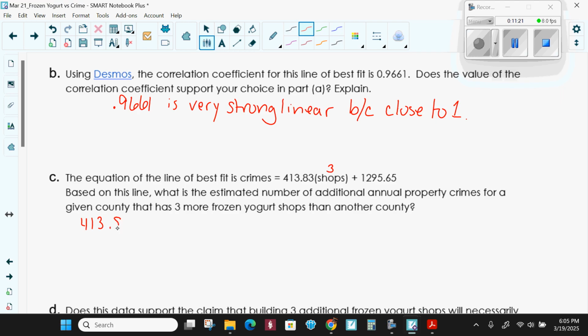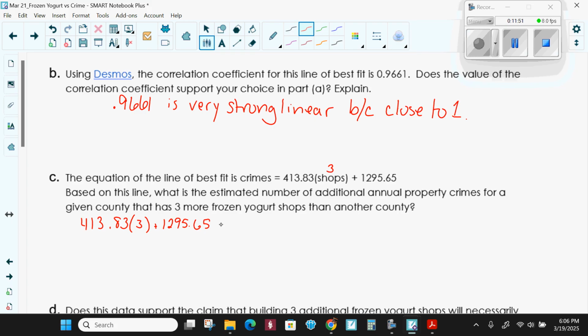413.83 times 3 plus 1295.65. So this says, wow, oops, sorry, I missed a plus sign.